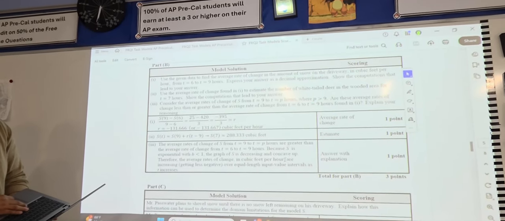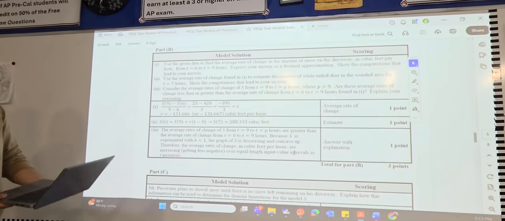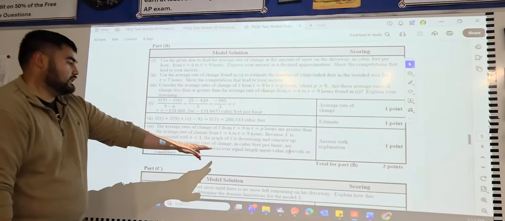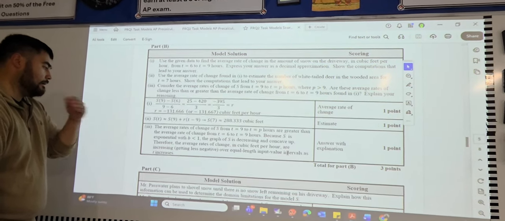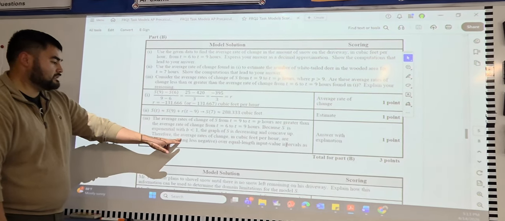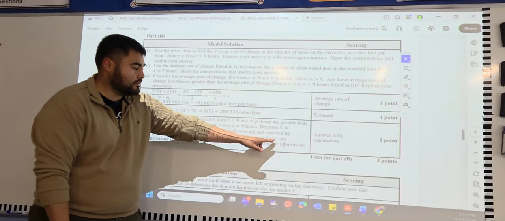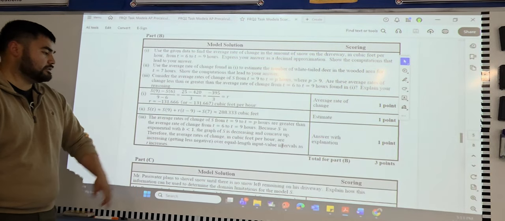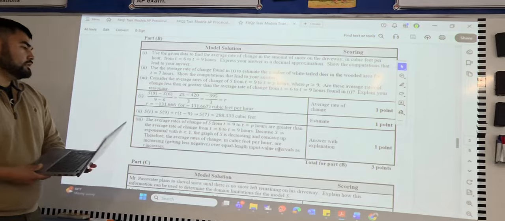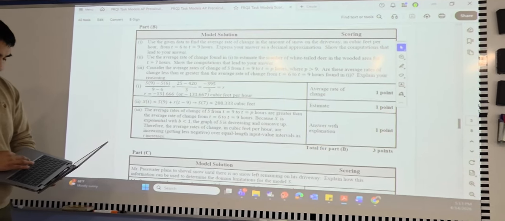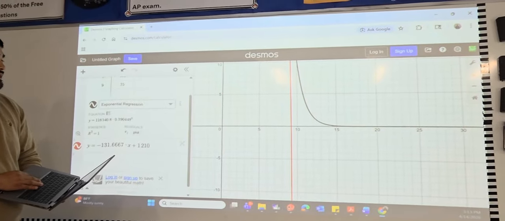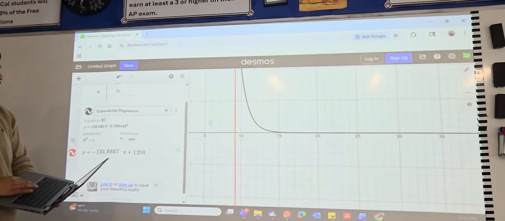It says here, yeah, it does mention concave up. Since it's concave up, the average rates of change are increasing. So partial credit.